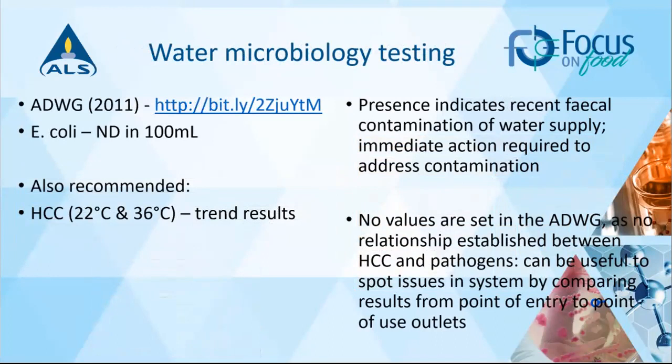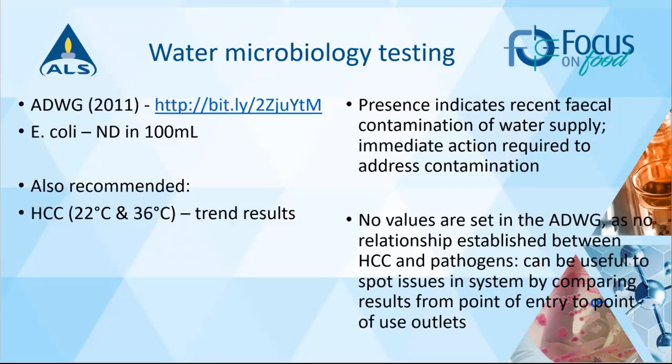So moving on to water microbiology testing. Determining whether your water supply is potable generally involves a risk assessment and a range of chemical testing, and that will depend on which risks are identified for your particular water system. For facilities that source water from municipal supply, the microbiological and chemical quality of the water coming into the system has already been checked, but you'd need to verify that the same standards are still there at the point of use.